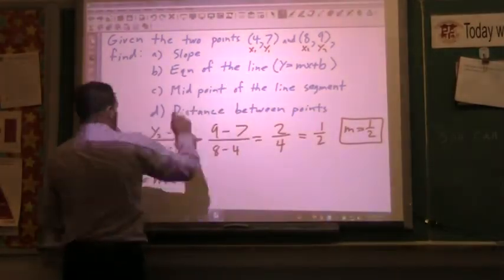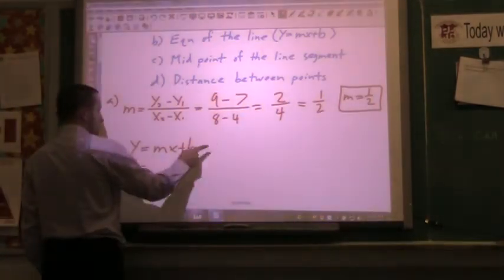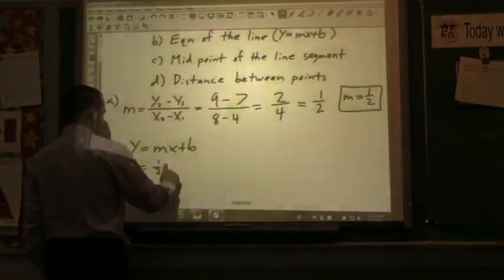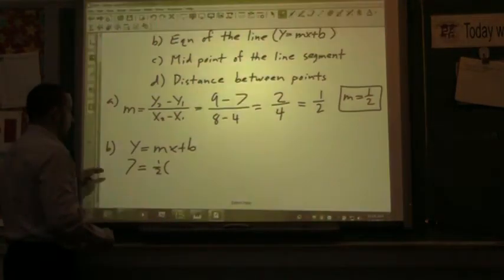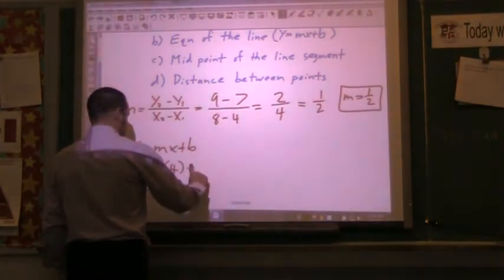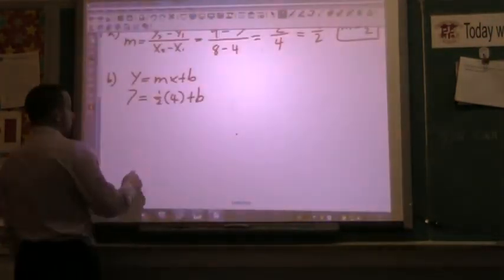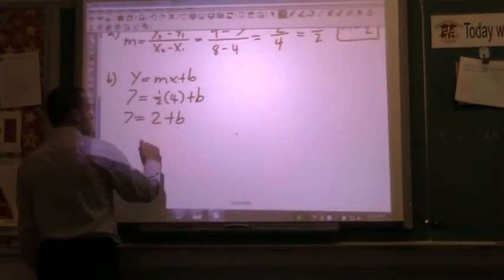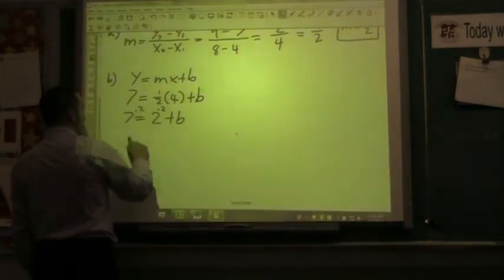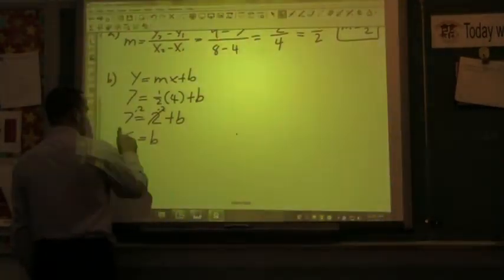Okay, so I'm going to plug in 7 for my y. So 7 is equal to my slope, which is 1/2, onto my x value, which is 4, plus b. And so I get 7 equals 2 plus b. And we end up with 5 is equal to b.